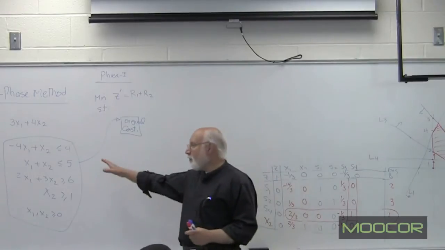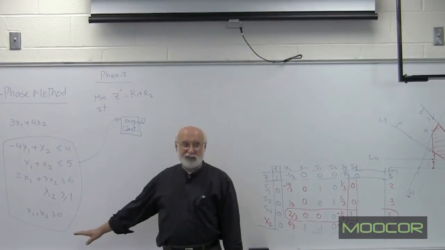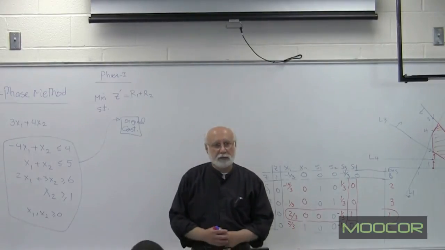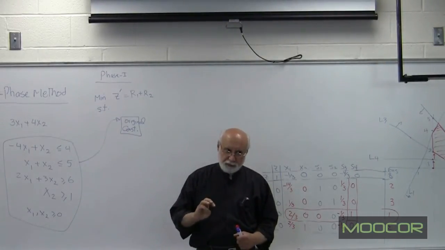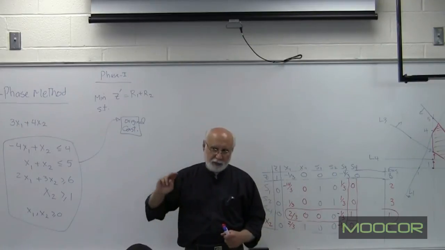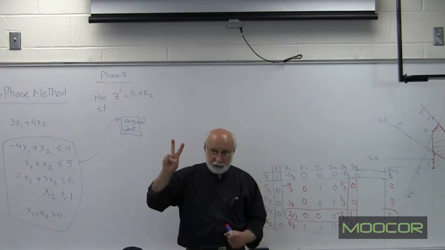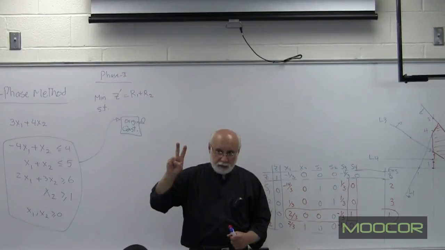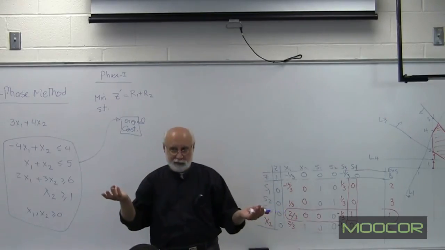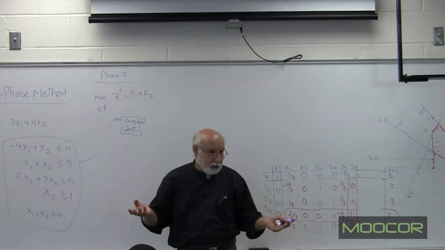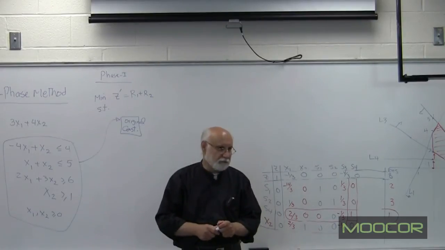If the origin is not there, and when would that happen? Usually when you have greater than or equal signs. In those cases, you need to use artificial variables. Anytime you use artificial variables, you have to use one of the two techniques, big M or two-phase. The purpose of these two techniques is to get you started on a basic feasible solution for the simplex tableau.